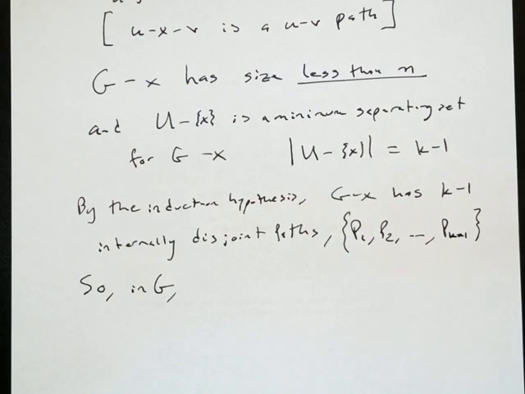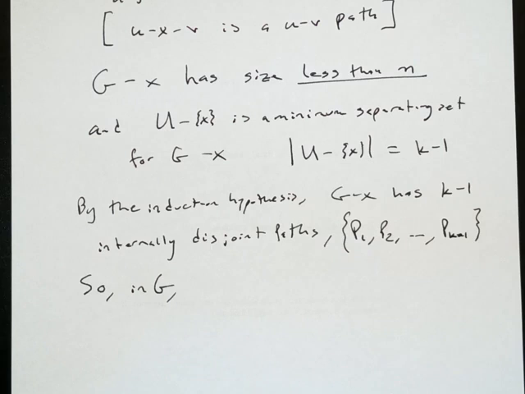What does that tell me about G? Jonah? Doesn't it say that the minimum number of vertices in the UV? But I don't know that for size M. I only know that for size less than M. And that's what we just used.